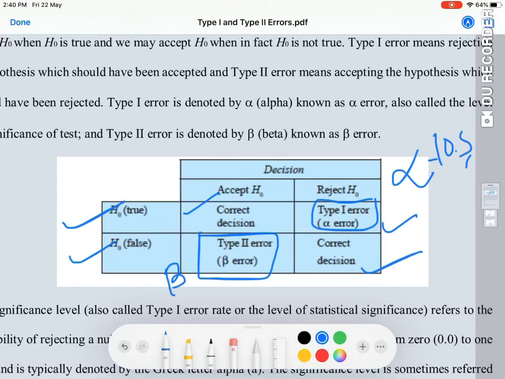For example, in statistical quality control, if the item is defective and it is supposed to be rejected, we are accepting it. We are letting it process the quality assurance procedure. In that case, once the item goes into the market and the consumer purchases the product and the item is not working properly, then what happens?